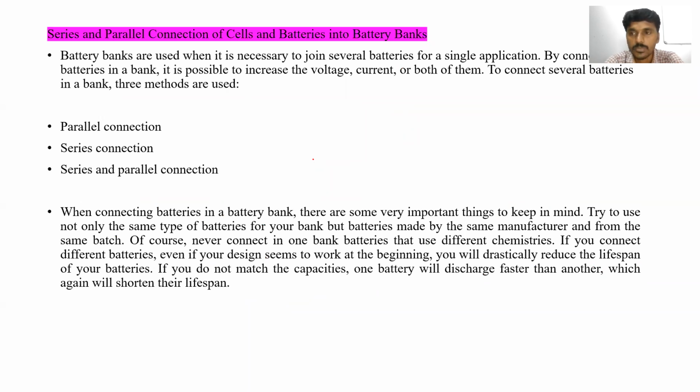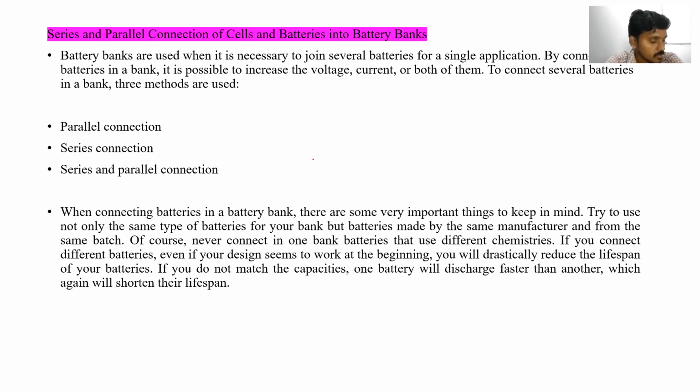So the combination of cells can be called a battery, and the combination of a number of batteries can be called a battery bank. A battery bank may have more than one battery, two, three, four batteries, all connected in series or in parallel, or series-parallel.